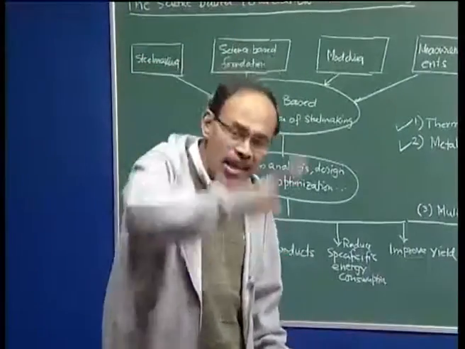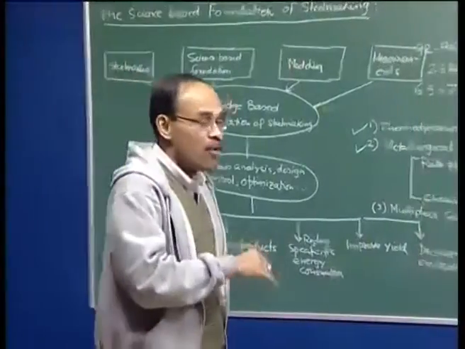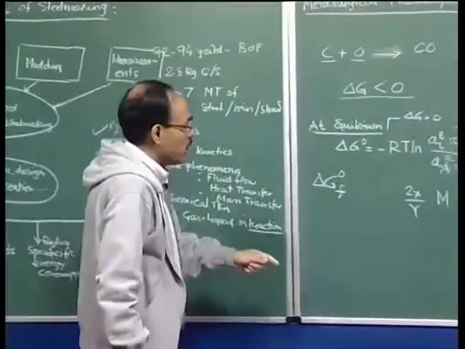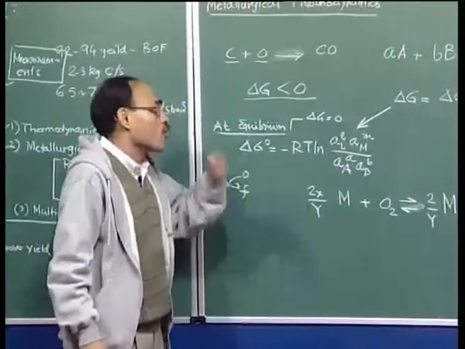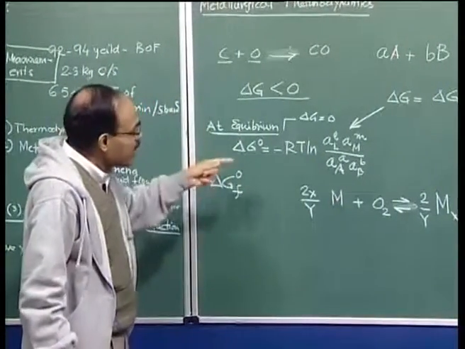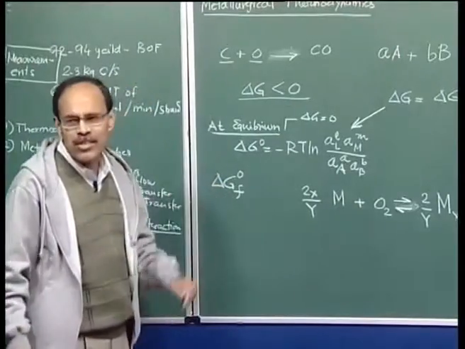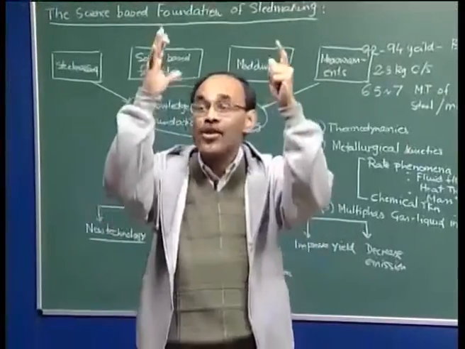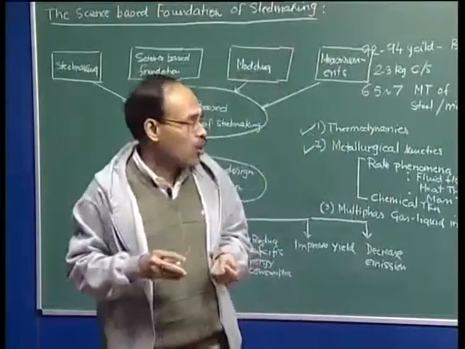So these are very standard informations which are needed for carrying out many pyrometallurgical calculations, and I am going to highlight this free energy of formation in the context of oxides, which, where it is tabulated, is known as an oxide Ellingham diagram, to which all of you have been exposed.